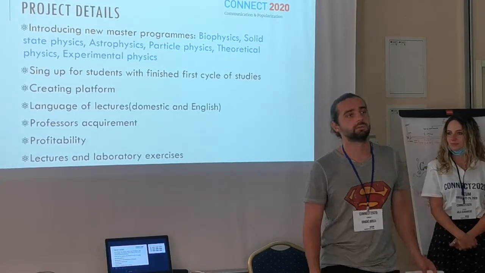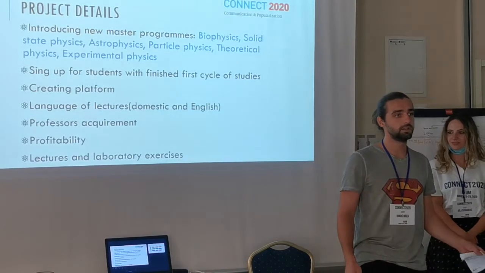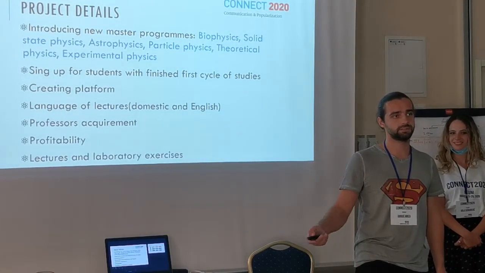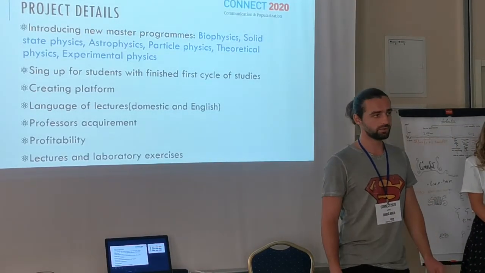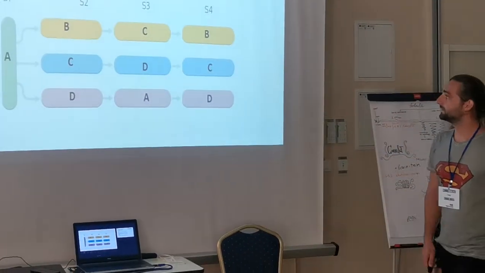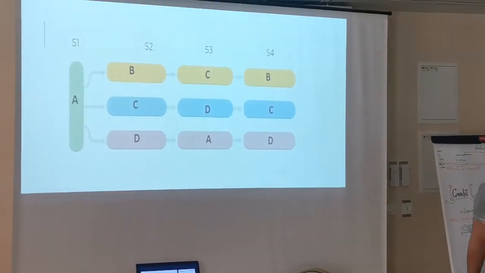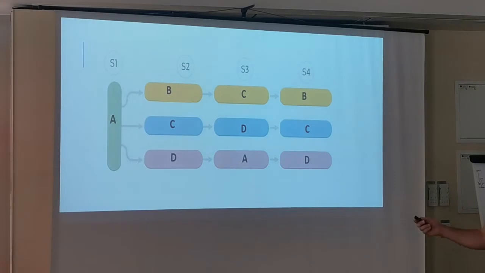Also, when submitting the program, we will adopt the European Credit Transfer System, ECTS, points. In the first semester, students will study at one university together, and they will choose their specialization paths or mobility paths.